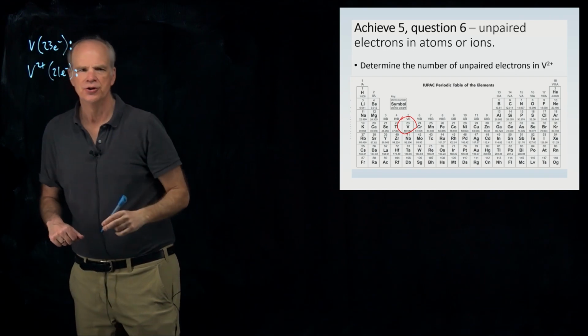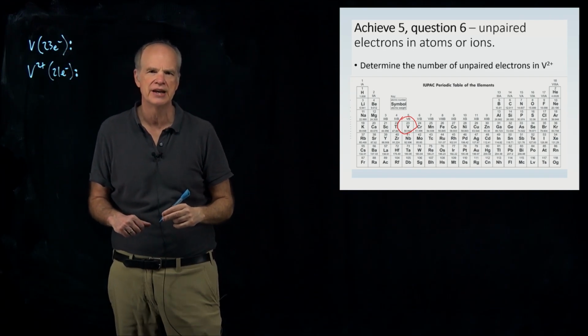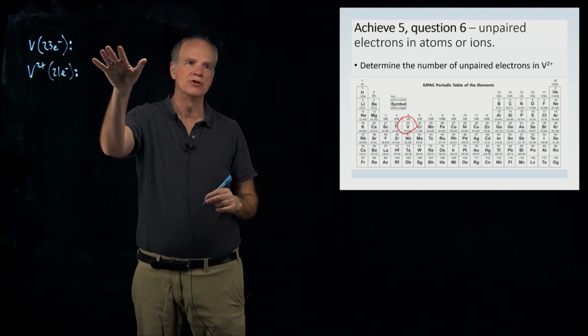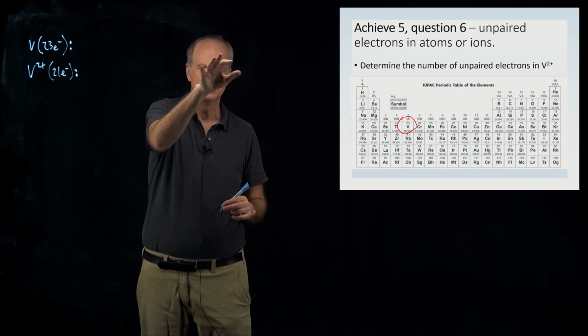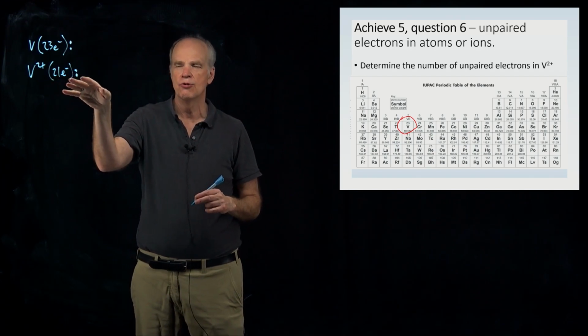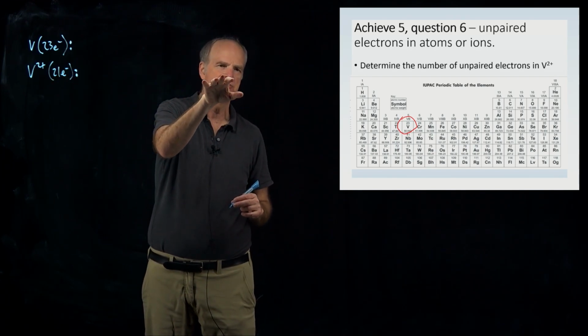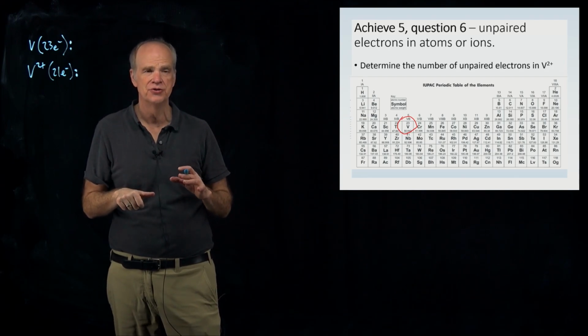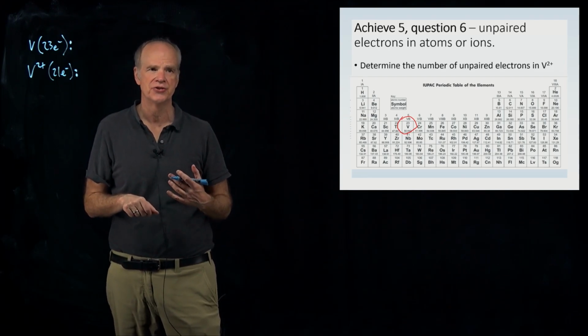Okay, so I think the best way to figure that out is to first write out an orbital notation for the vanadium atom, and then we'll figure out an orbital notation for the vanadium 2+ cation, and then through the orbital notation we can see how many unpaired electrons there are.